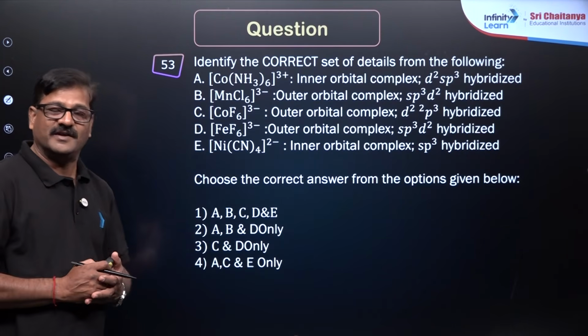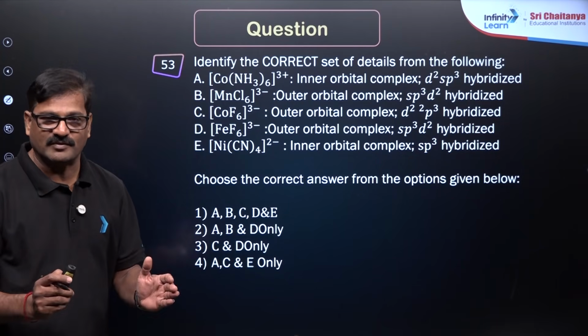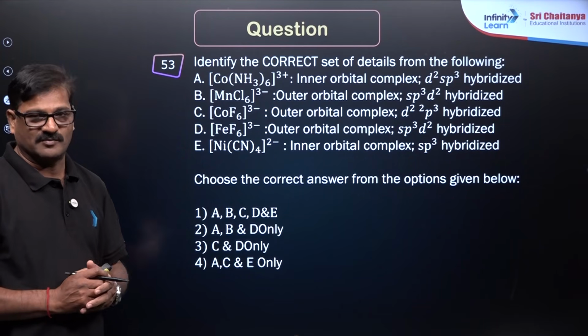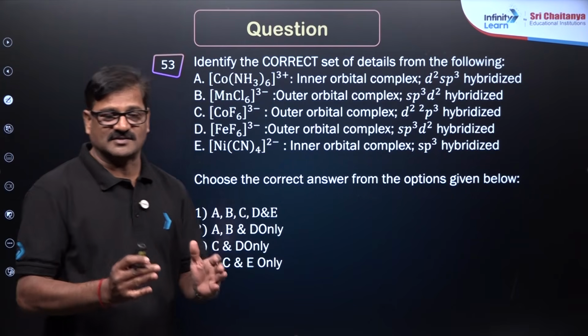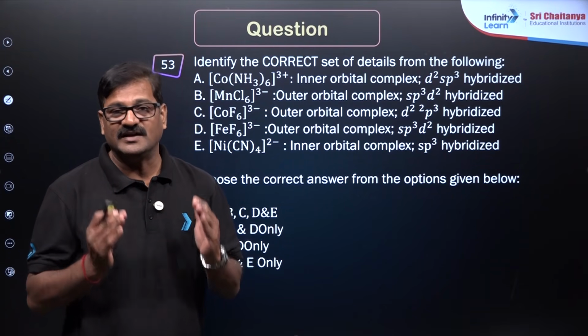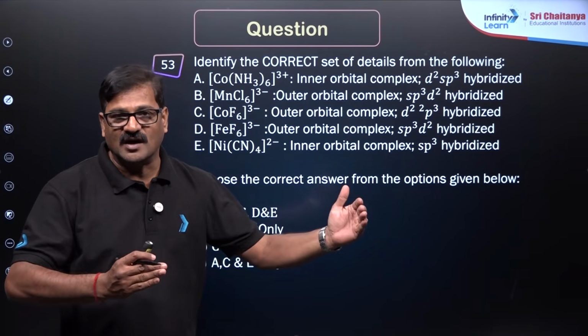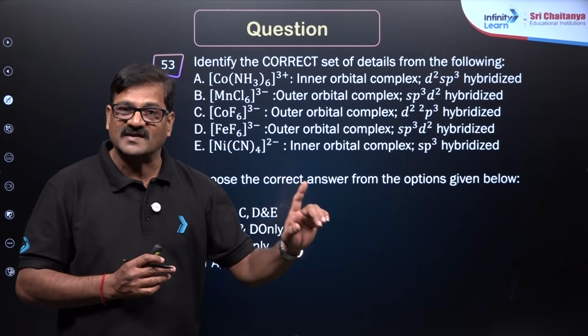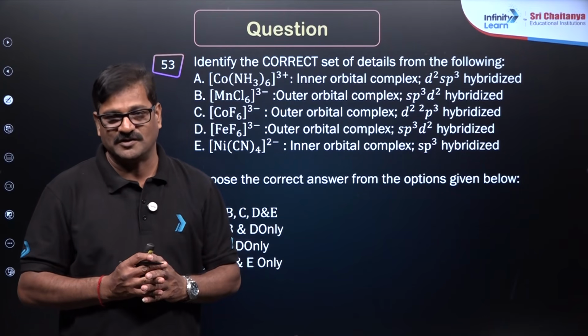Children, this is a very famous question from complex compounds. It is all about inner orbital complex or outer orbital complex. Whenever a weak ligand is there, it uses an outer orbital complex. For coordination number 6, it is sp3d2 hybridization.